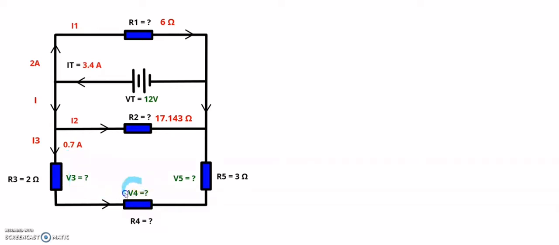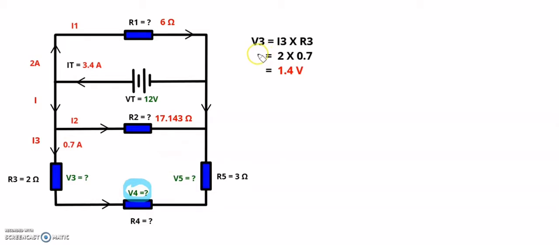I don't know the voltage drop, which means I need to find the voltage drop first before I can calculate the ohms value of that specific resistor. To do that, I need to calculate the voltage drop V3, and the voltage drop V5. Only then will I find the voltage drop V4 over resistor R4.